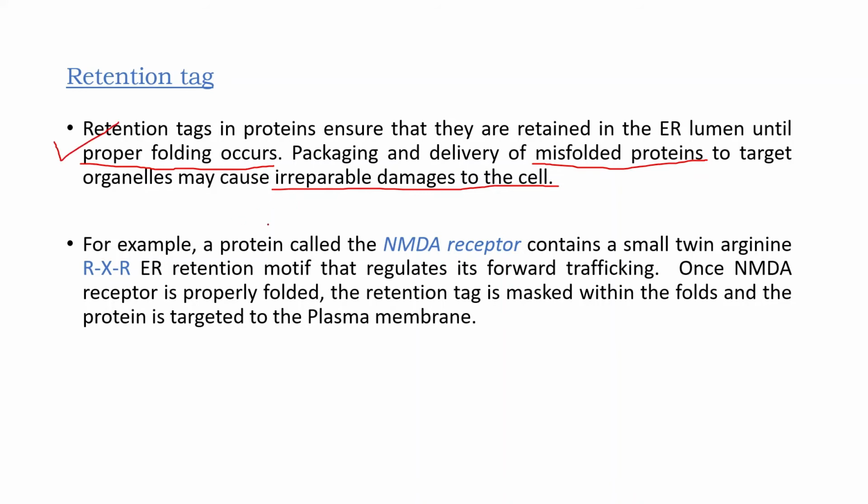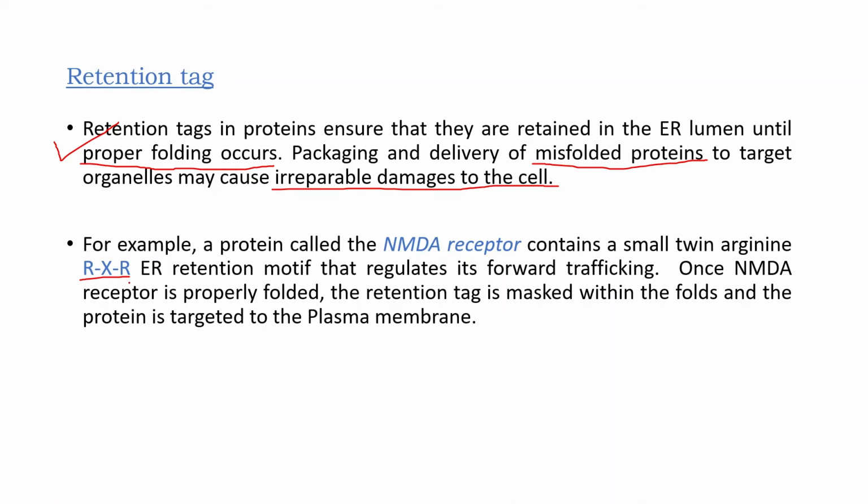So these retention tags serve this purpose. They do not allow the protein to leave the ER until and unless the proteins are folded properly with the help of the chaperones. For example, a protein called the NMDA receptor contains a small twin arginine RXR ER retention motif. RXR here is arginine, X is any amino acid and R is again arginine.